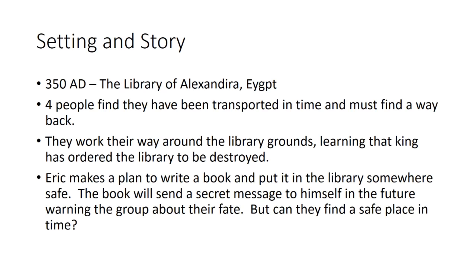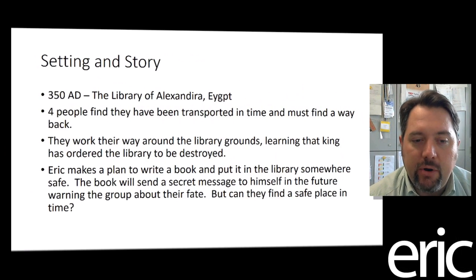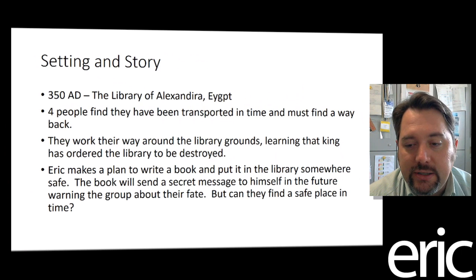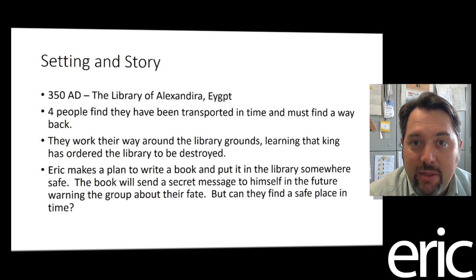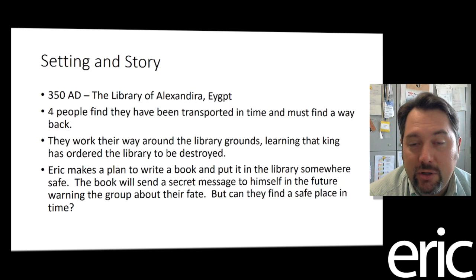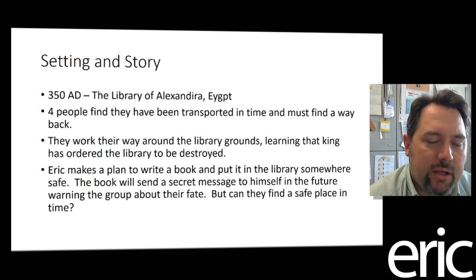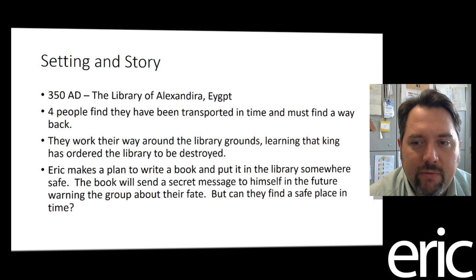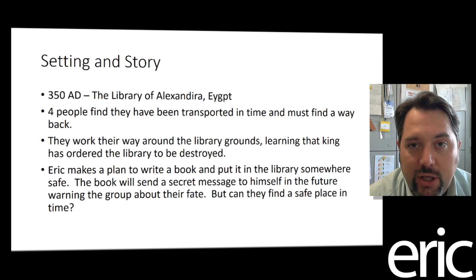So Eric makes a plan to write a book, or put some information inside a book somewhere in the library and keep it safe. The book will send a secret message to himself in the future, which in theory should warn himself from getting sent back in time to begin with. Will it work? Will it not? That's what the whole game is about. But the goal really is to think about the first usage of print media for communication.